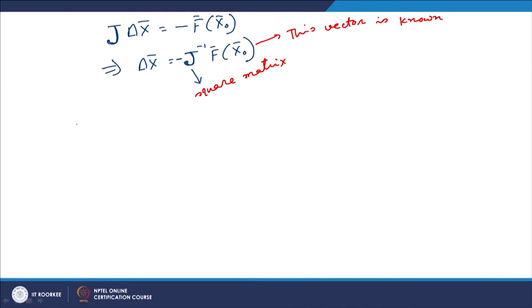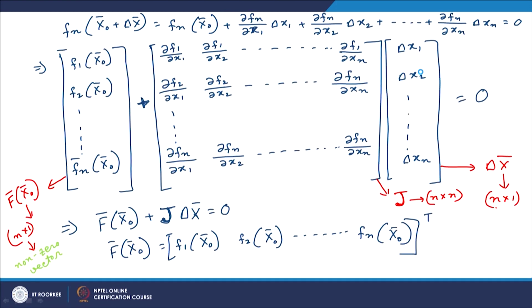So, what we write is that this matrix J would be evaluated at x equal to x naught. We will first find the analytical expression of all these partial derivatives.